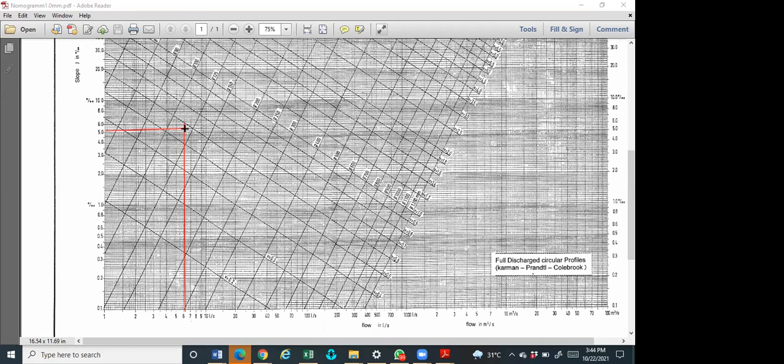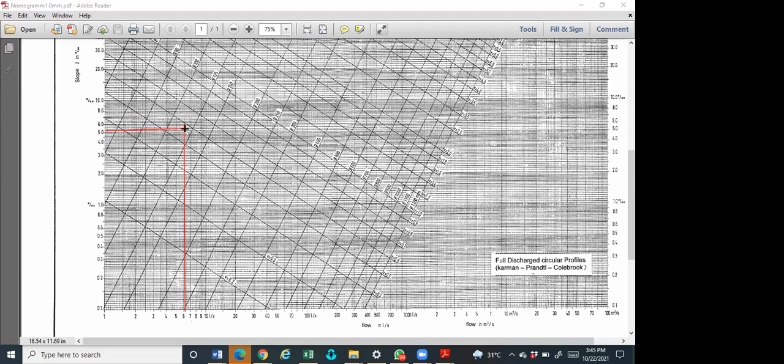The meeting point is between which pipe and which pipe? Can somebody help me? Put the answer in your chat box. Open your nomogram. At a discharge of 6.2 and a slope of 5 per mil, what is the answer, please?